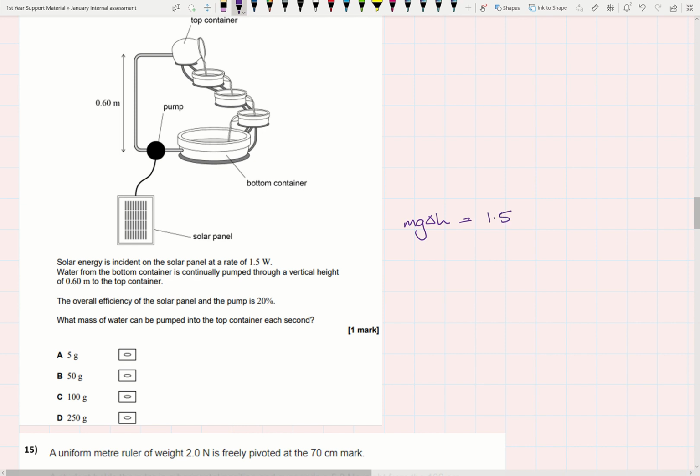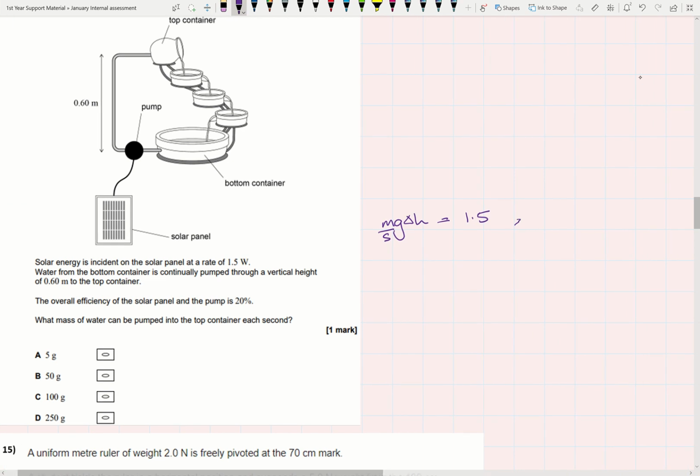That's how much energy per second, so that's joules per second. It says the overall efficiency of the solar panel pump is 20%, so I have to times that by 0.2.